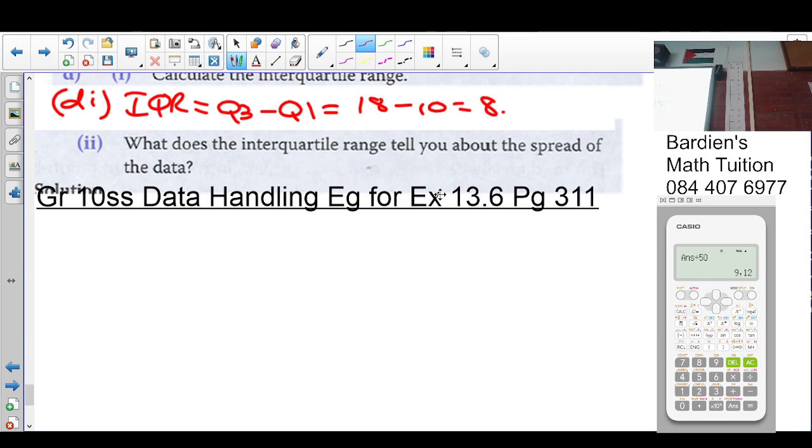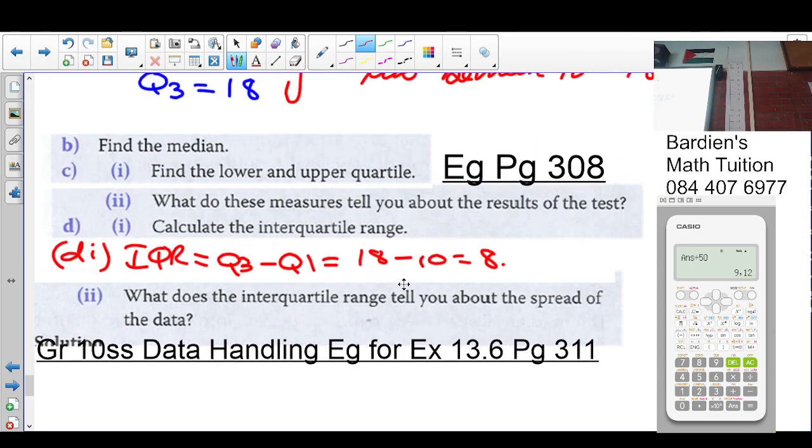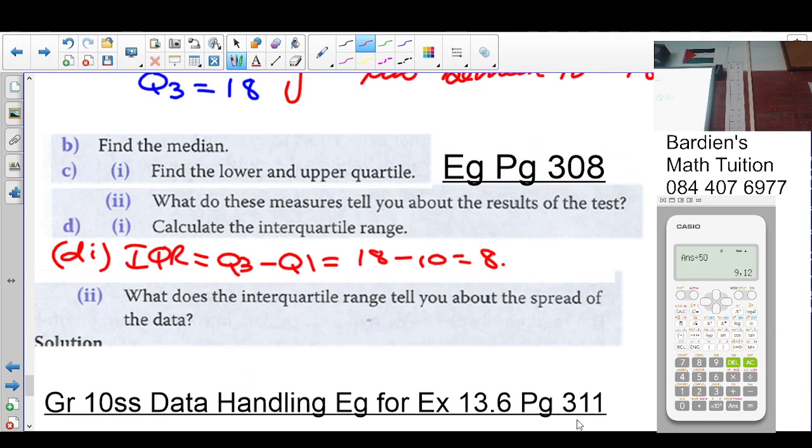This tells us that 50% of the data is spread over 8 units. You guys understand? Or the middle portion of the data, the middle 50%. Do you understand?